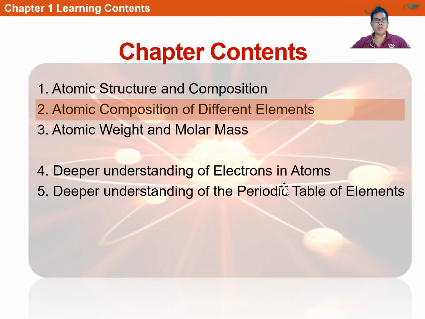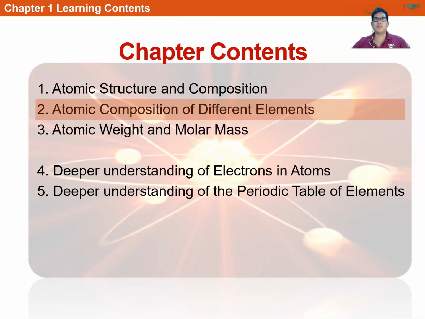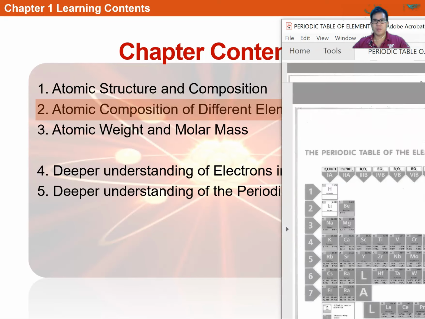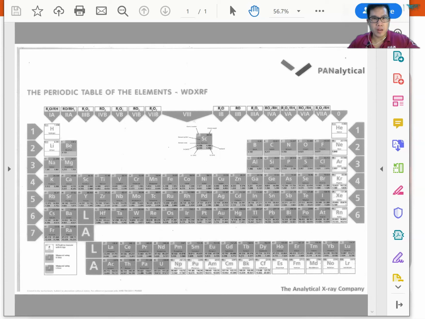The second topic is the atomic composition of different elements. What we have just gone through applies to all different elements. When looking at elements, you can look at the periodic table.